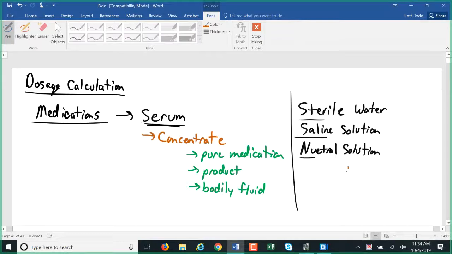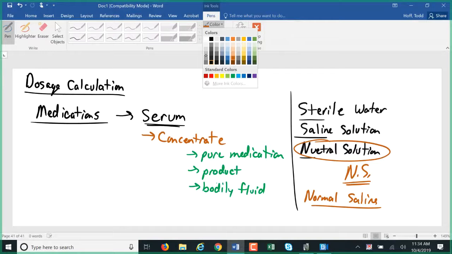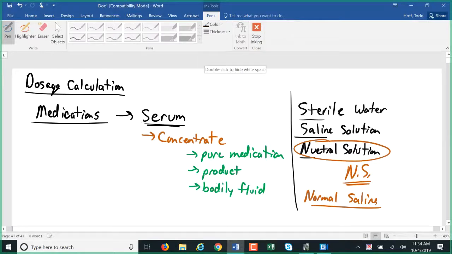And we're going to refer to this simply as NS throughout the course. Normal saline or neutral solution. In any case, whenever you see that abbreviation NS, all it means is something that has no medical benefit. It's there to dilute the medication or whatever other item we're working with, and to carry it from vial to patient or into a testing meter of some sort.